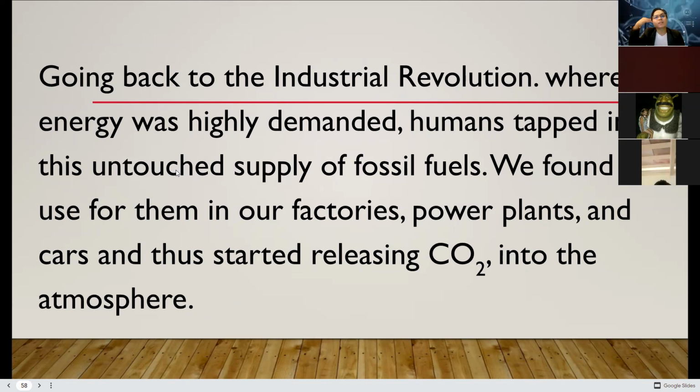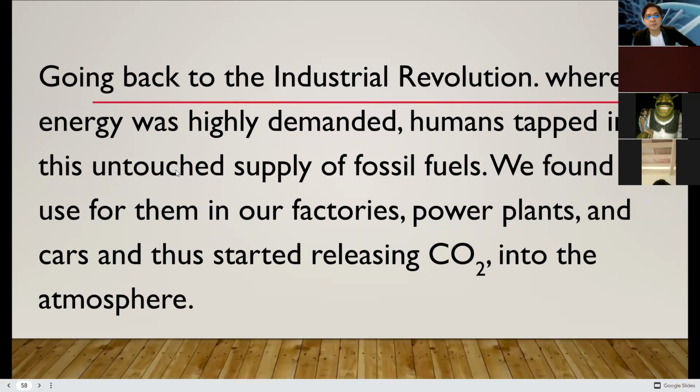Take note, these fossil fuels are non-renewable resources. Once you consume them, they will be gone forever. Again, energy cannot be created nor destroyed, but it can be transformed from one form to another. Once consumed, you transform the energy into another form.